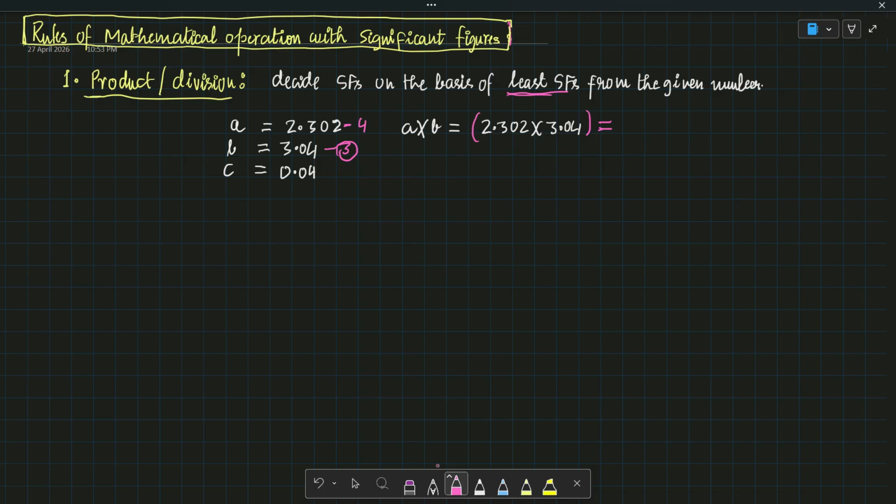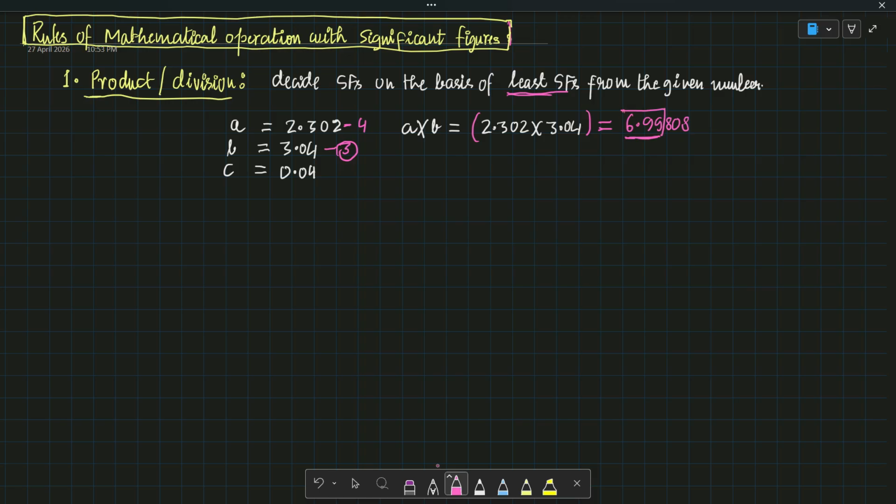So what will be the product? 2.302 multiplied by 3.04 comes out to be 6.99808. But we'll only take up to 3 digits, because we have to keep only 3 significant figures.